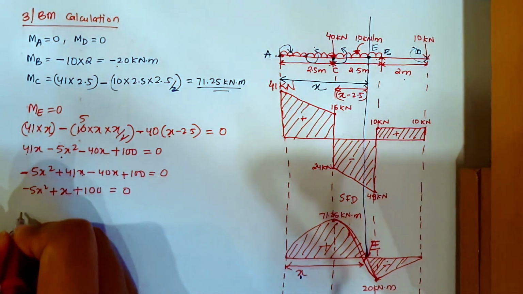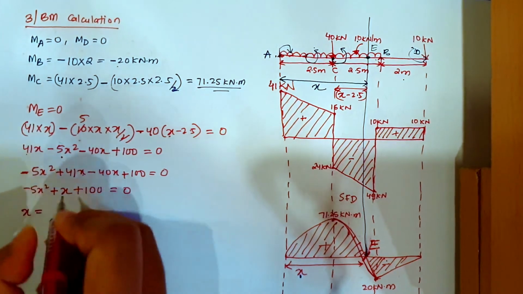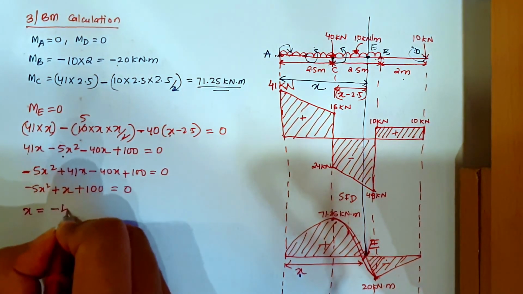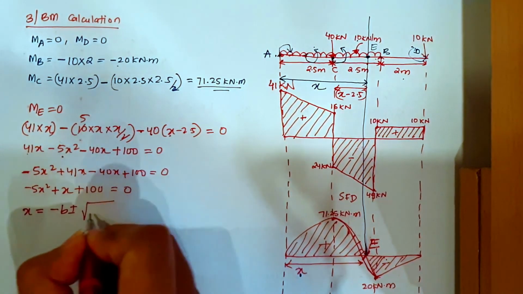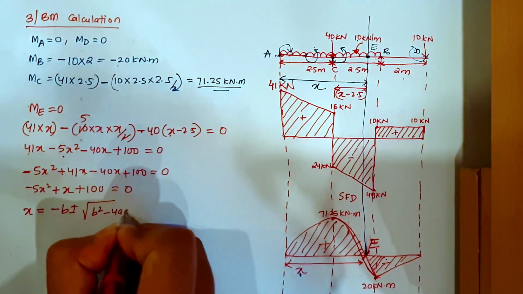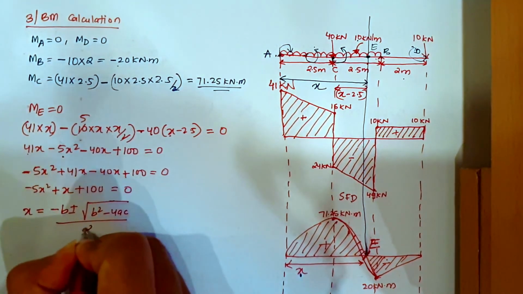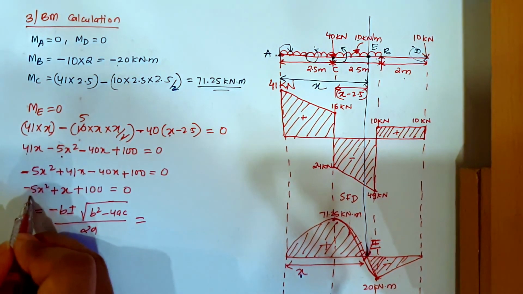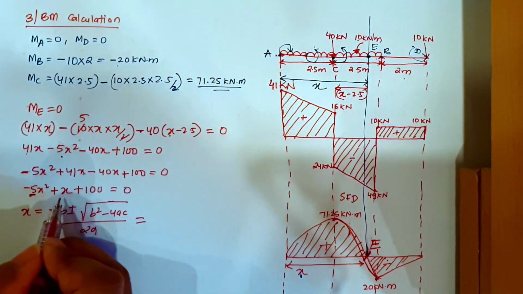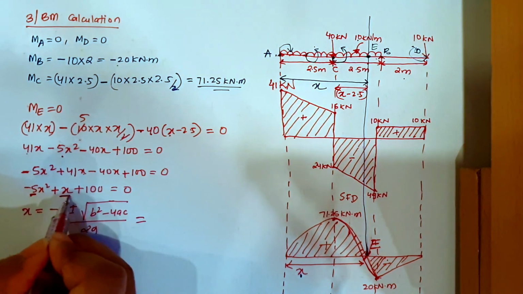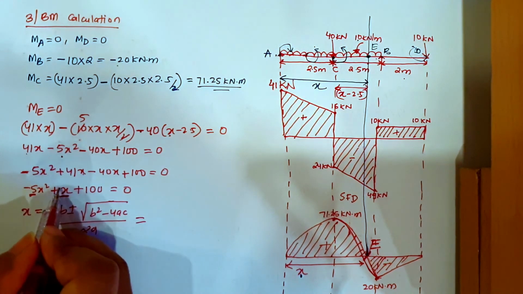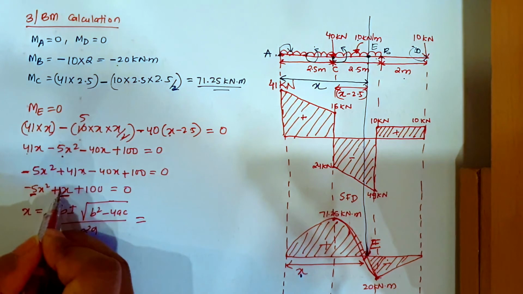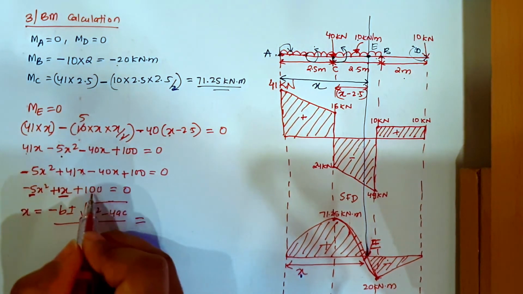So we will get this. Now from here again, using this formula, x equals minus b plus minus root over b square minus 4ac divided by 2a. So from here again I'll get minus 5 is my a, and since there is only x in front of x I can assume 1, so b will be 1, c will be 100.